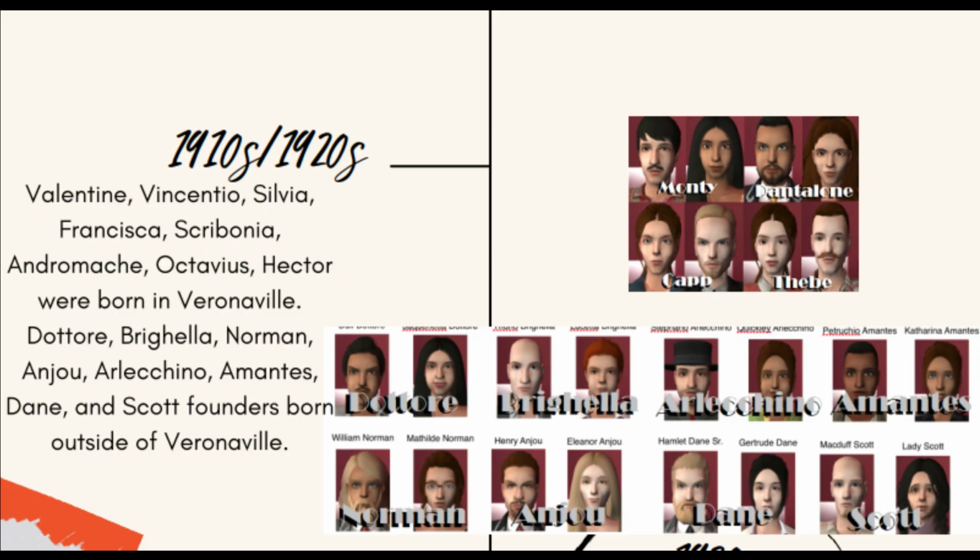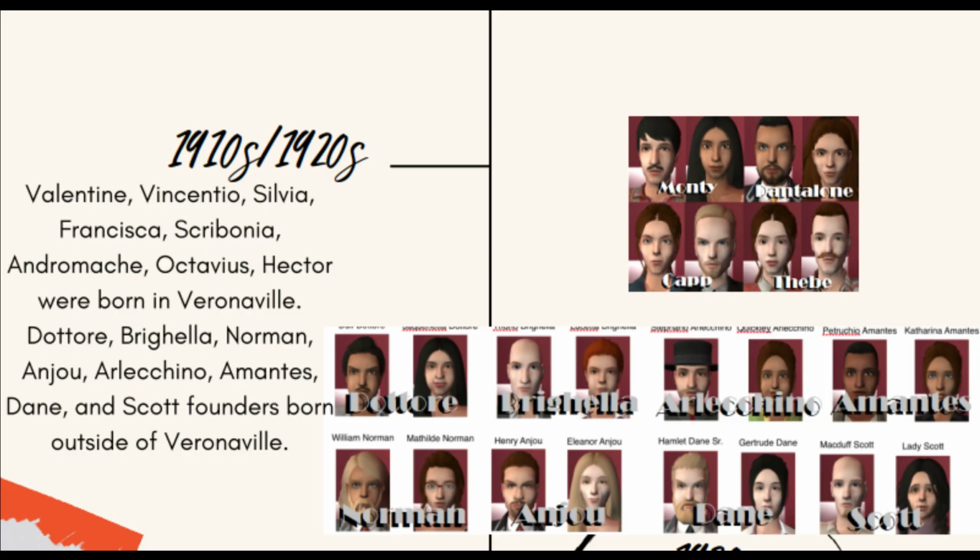Within this second generation timeline of the eventual Monty and Cap family branch that's very large, we have 16 people who are born outside of Veronaville around this time. And these people are from the Dottora, Brigella, Norman, Andrew, Alicino, Amantes, Dante, and Scott branches that will eventually merge into the overall Cap or Monty family branch.